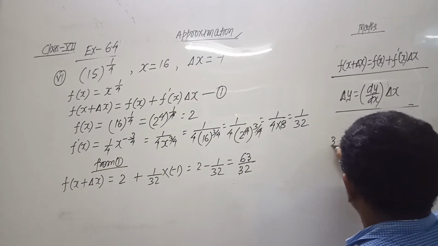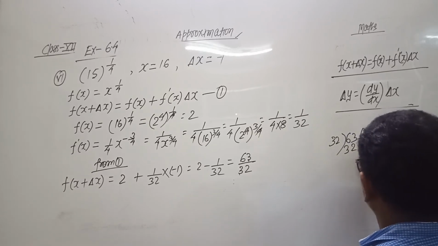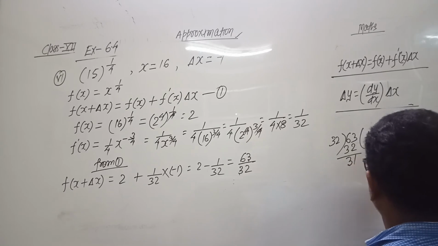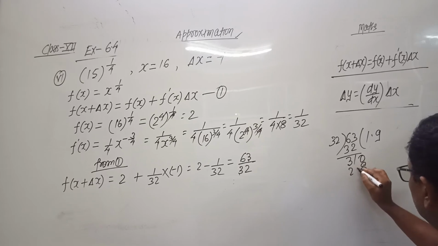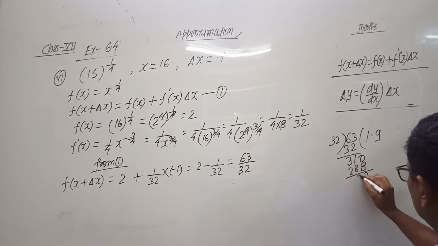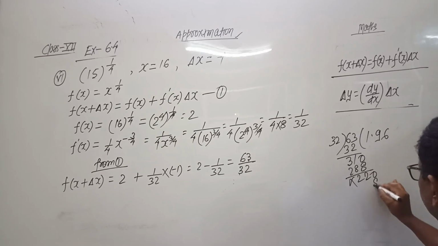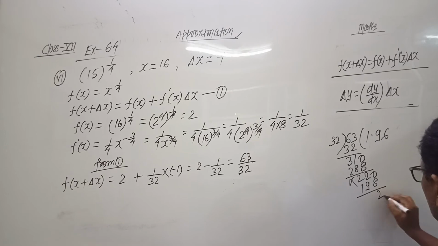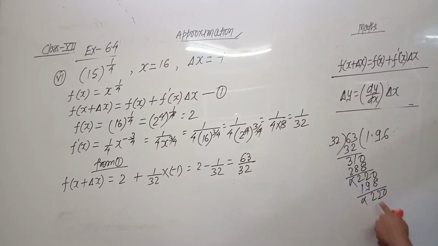Now divide 63 by 32. It goes by 1, then 0, it goes by 9, then 6, then 220, again it goes by 6.